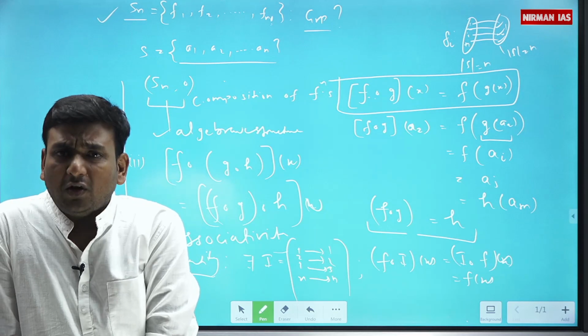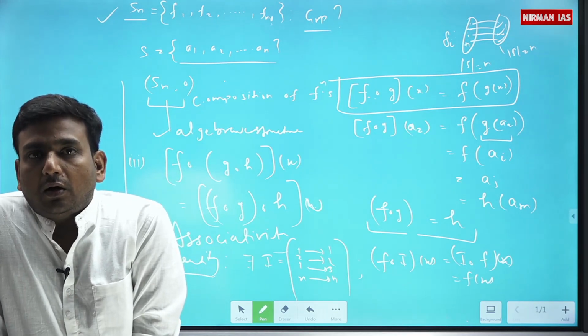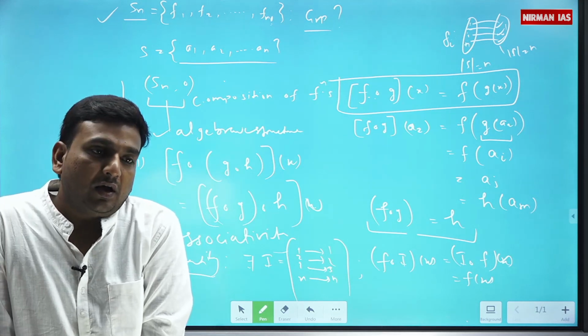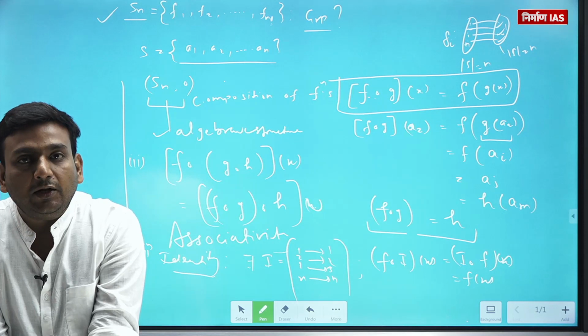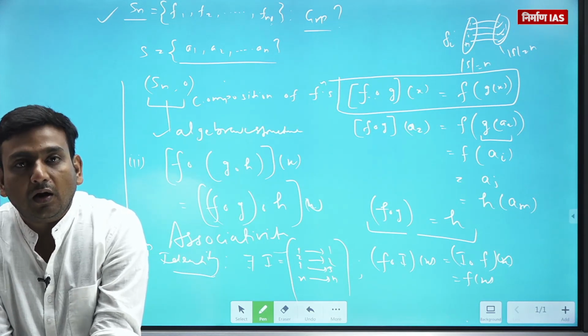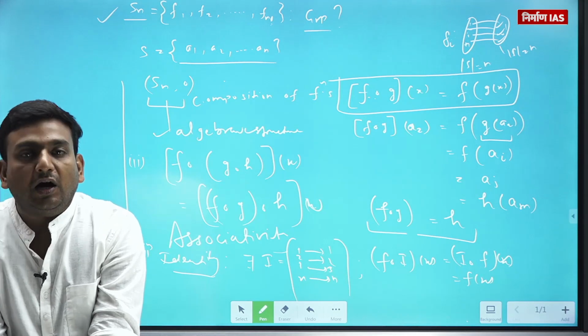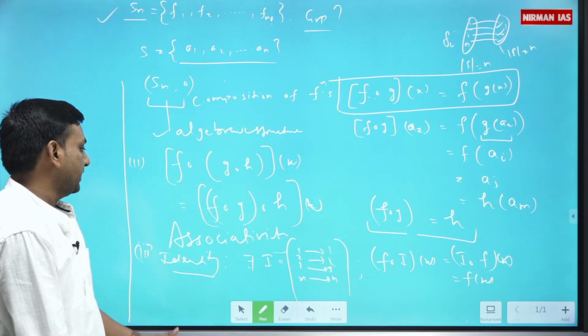Examples are okay, those can help you understand, but you need to know how composition of functions is defined, how we can write those composition functions. Is that clear?